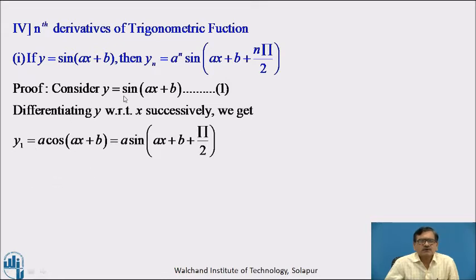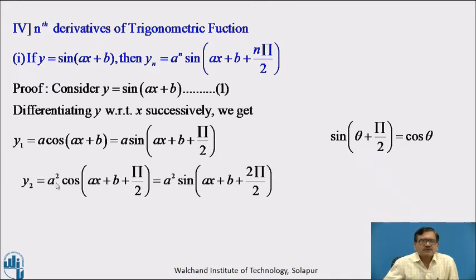As you know, the derivative of sin f(x) is cos f(x) into f dash of x. Therefore, the derivative of sin(ax plus b) is a cos(ax plus b), which we can write as a sin(ax plus b plus pi by 2), since sin(theta plus pi by 2) is cos theta, that is, converting this cosine to sine by using this relation.